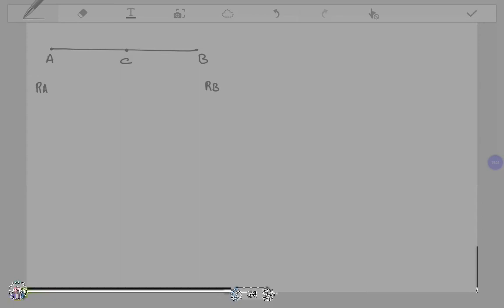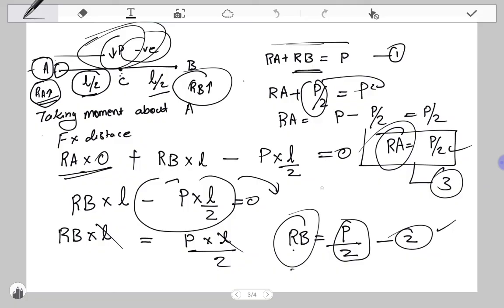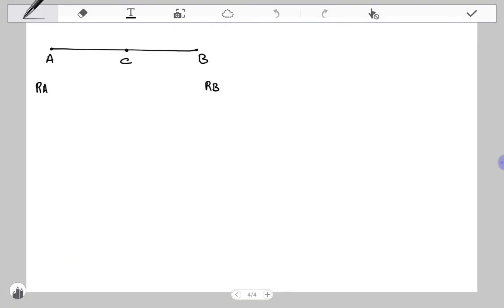Okay friends, from the previous derivation we derived the reactive force value of Ra is equal to P by 2 and the reactive force Rb value is equal to P by 2. Okay, so now we are going to discuss something important called SF, shear force. So what is shear force?